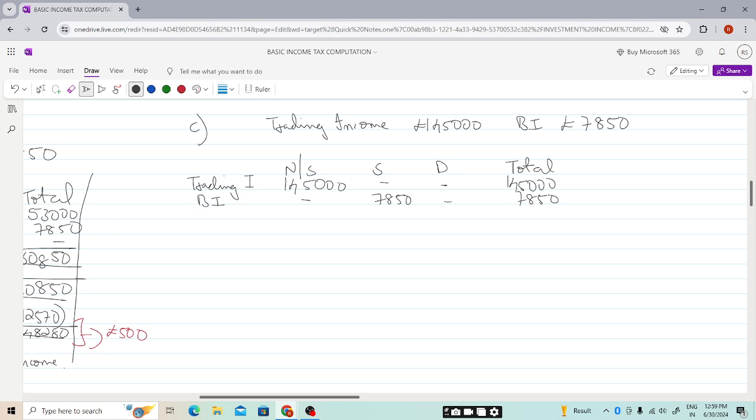No dividend income. Total income is, for non-saving 145,000 pounds, for saving income 7,850 pounds, for dividend 0. Our total will be 145,000 plus 7,850, which will give rise to the total income of 152,850.